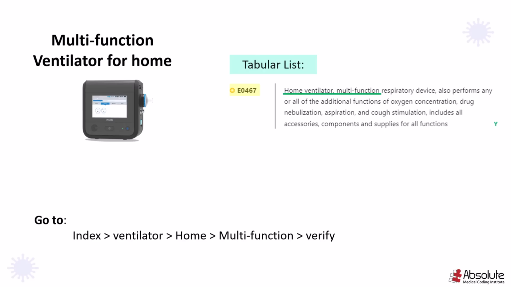And your correct answer is E0467. So you have to verify that from your tabular list as well. Great coding. So quickly, let's go ahead and move to another scenario.